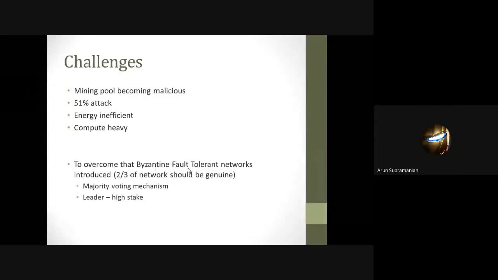Here it's not 50-50. Instead, two-thirds of the network should be genuine. If one-third of the network is faulty, then it's fine, we can still retain the block. But if the faulty part exceeds one-third of the network, then it again leads to a faulty network. Ideally, it should not happen. That is how our rule should be.